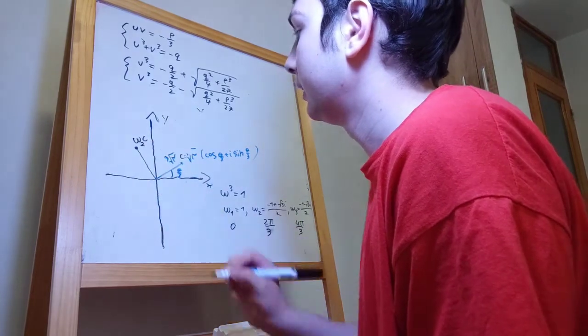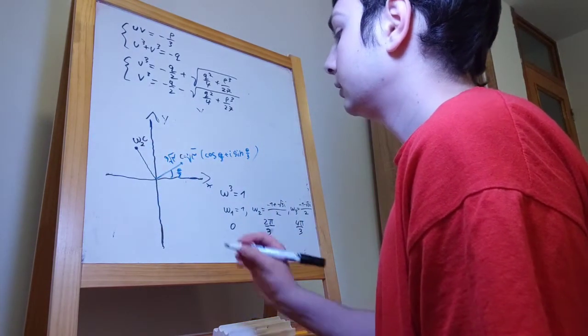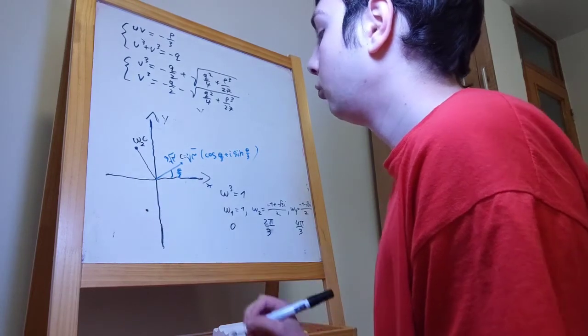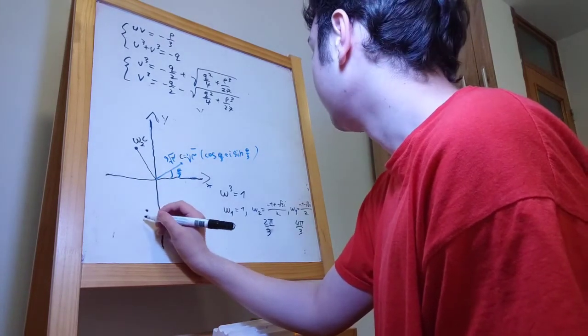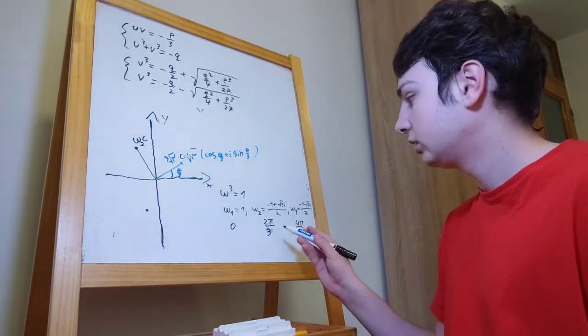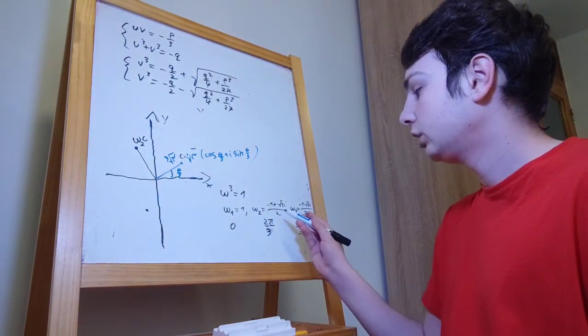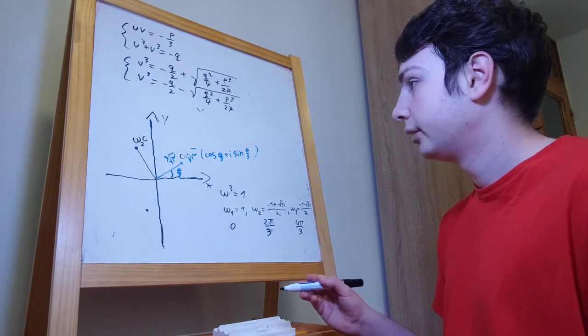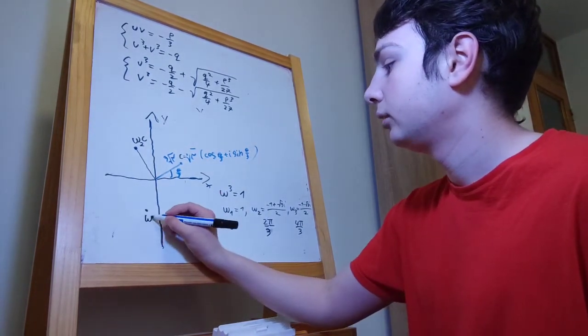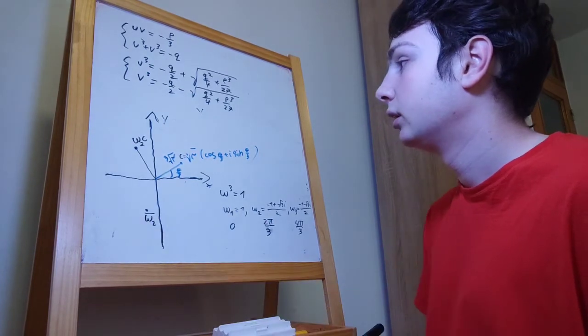Let me just correct that. And the third one would be omega 3. But notice that omega 3 and omega 2 are just conjugate numbers. So that would be omega 2 conjugated.